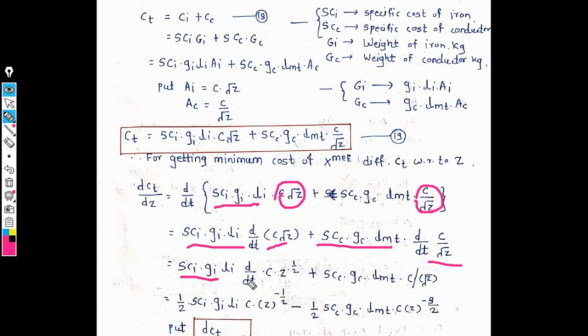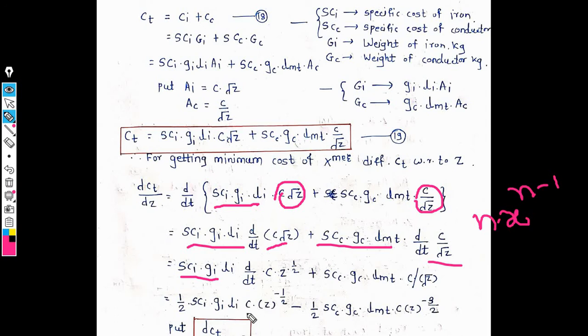Then constant parameter as it is, then C into Z raised to 1 by 2, that means we remove the square root, SCC into GC into LMT upon C upon the derivative. C is constant, 1 upon root Z. In this equation we have to consider the derivative for Z, that is 1 by 2 as it is, that means n into x raised to n minus 1.